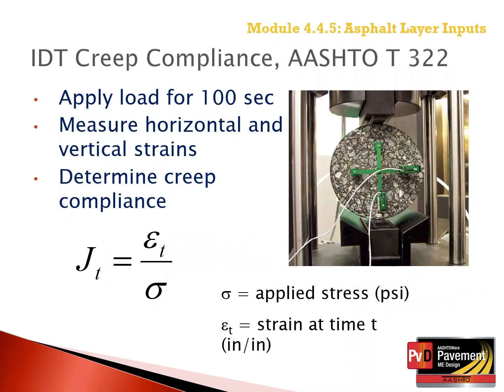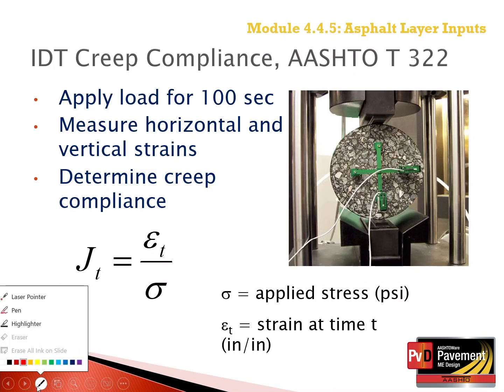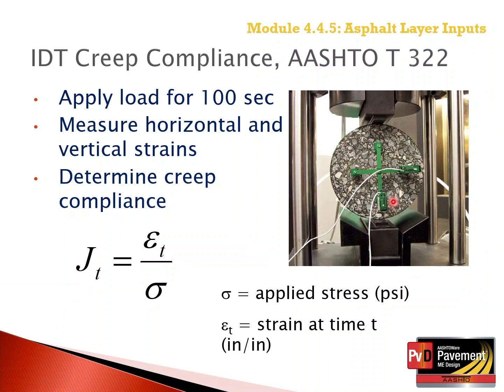Creep compliance of the asphalt wearing surface is determined in accordance with AASHTO T 322. In summary, a constant load is applied rapidly and held constant along the diametral axis of the indirect tensile specimen.